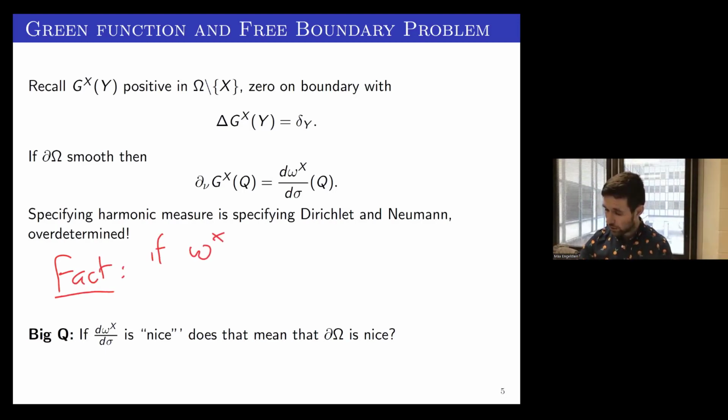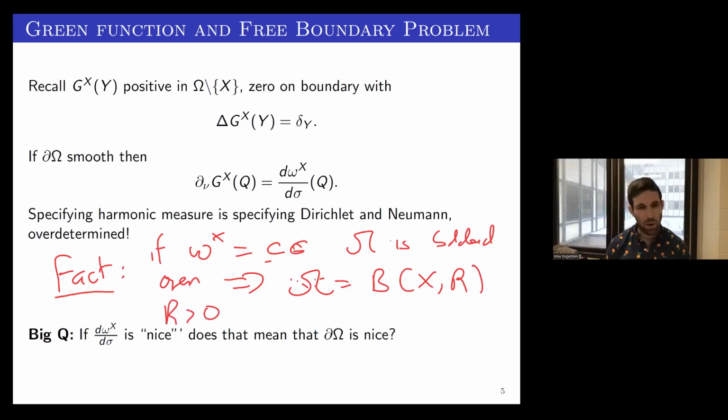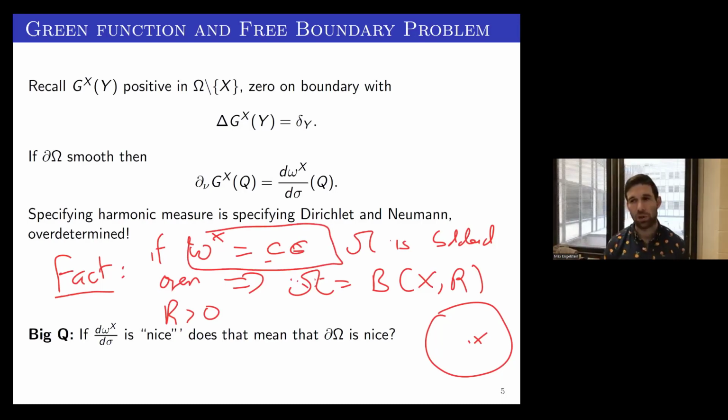If harmonic measure is equal to a constant times surface measure, and if omega is bounded, open, then omega is equal to a ball B(0, r) for some r bigger than 0. So omega is a ball, right? And your pole is at the origin. So there's some sort of nice rigidity here in the 0th order case where harmonic measure is proportional to surface measure.